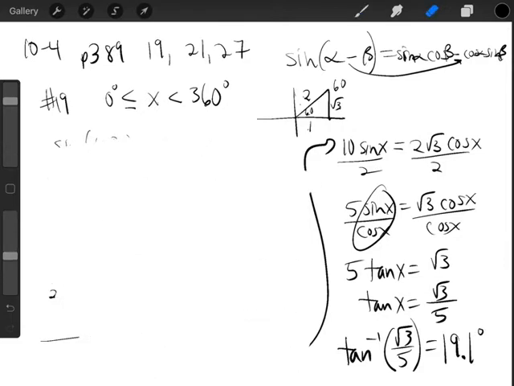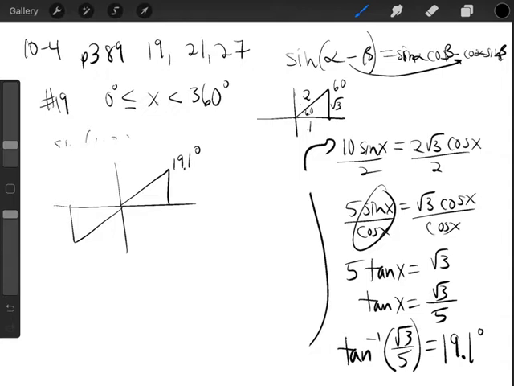I'm going to give myself a little more room. Now there's many ways to get down to tangent of x equals square root of 3 over 5, so you might have done it algebraically a little different. That's fine. So I know that tangent is positive in the first quadrant, and all students take calculus, in quadrant 3.